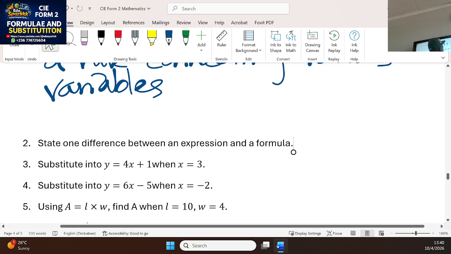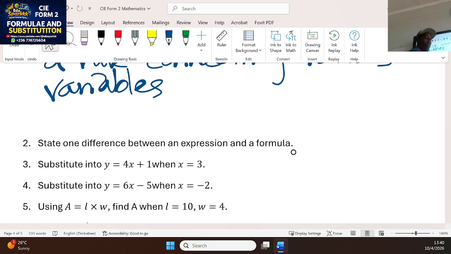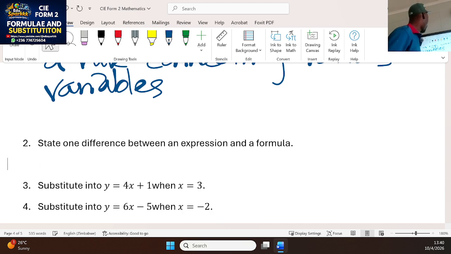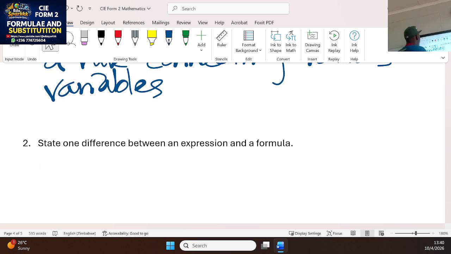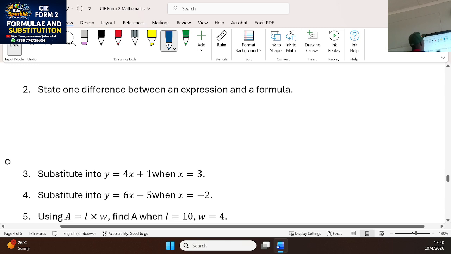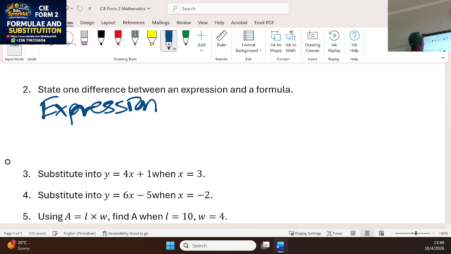State one difference between an expression and a formula. The difference might be that with an expression, there is no equal sign.